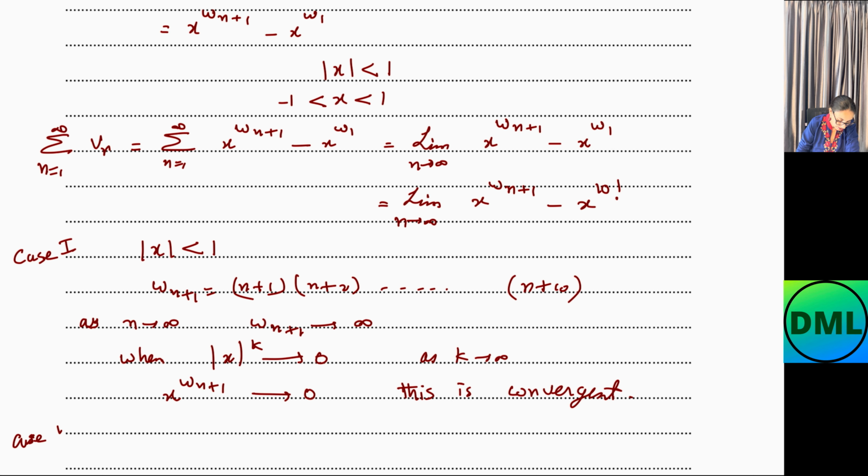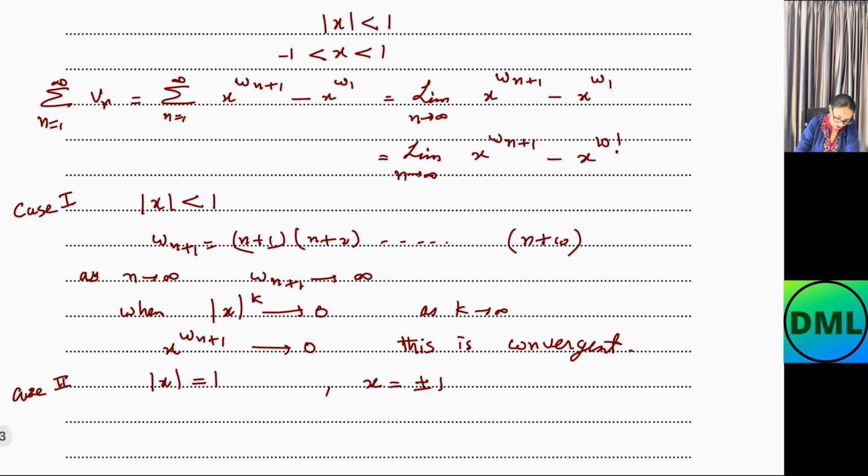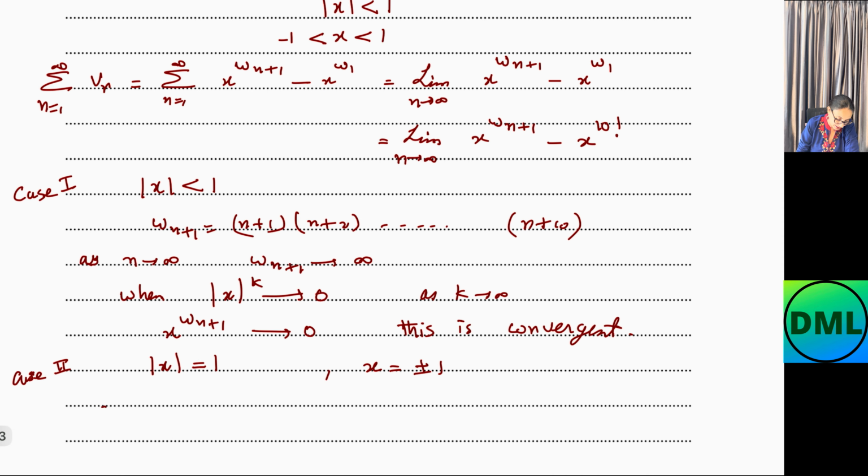Let's see the second case here. Case second, when mod of x is equal to 1. If I open mod x, this will be written as x is equal to plus minus 1. I need to see the value for both x is equal to plus minus 1. Let's take x is equal to 1 here. So 1 raised to the power wn plus 1 is given as the value 1. If you give any power to 1, the answer is 1 only.